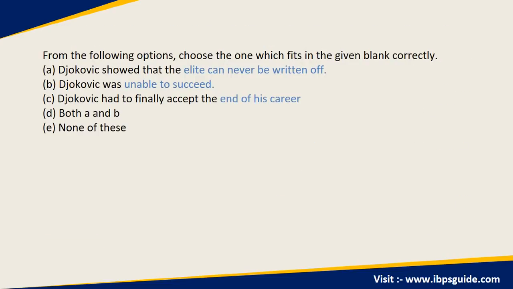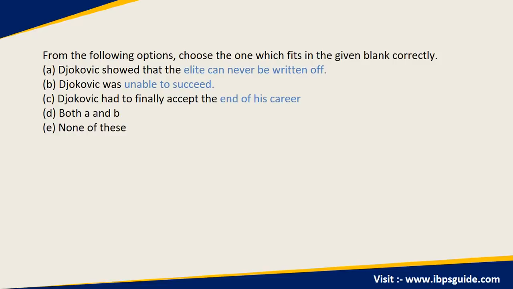The question is, from the following options, choose the one which fits in the given blank correctly. So the previous sentence was, like Rafael Nadal and Federer have done over the past year and a half. So they're talking about something positive and they're comparing it to the success that those two have had. Let's look at the options. A: Djokovic showed that an elite can never be written off. Next option, B: Djokovic was unable to succeed. C: Djokovic had to finally accept the end of his career.